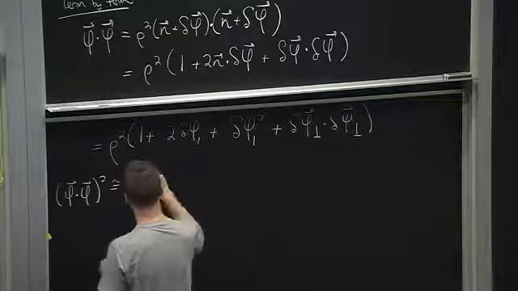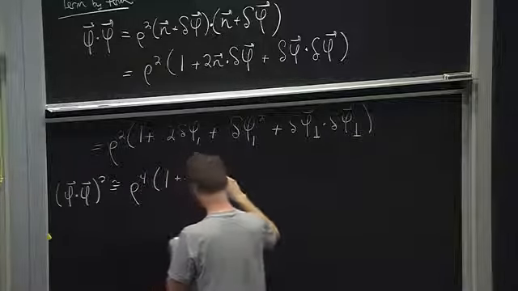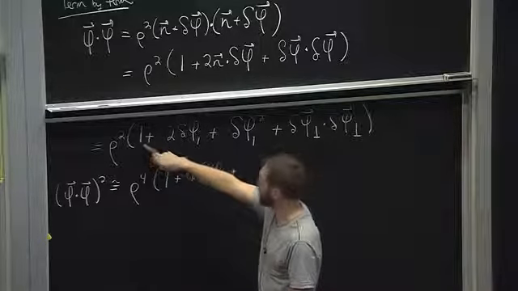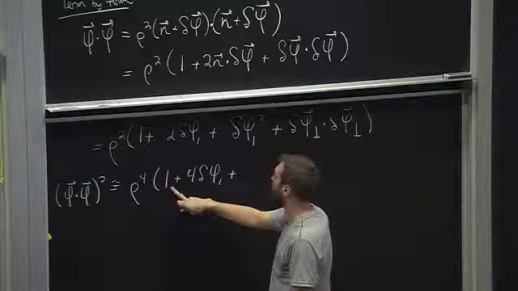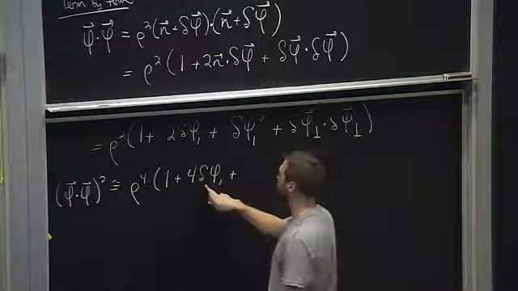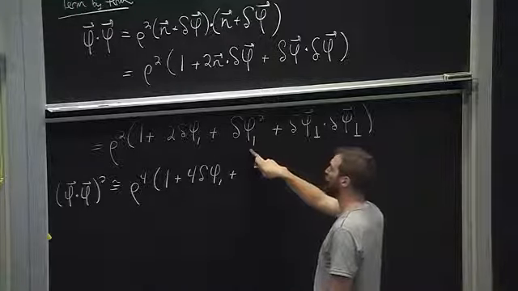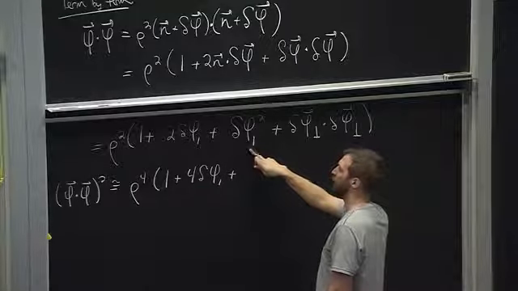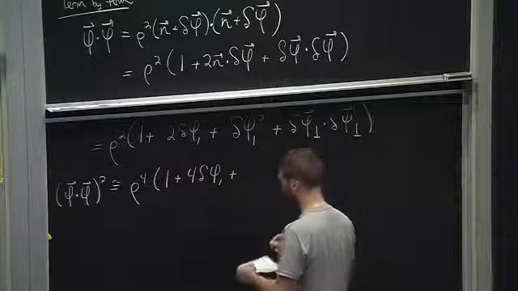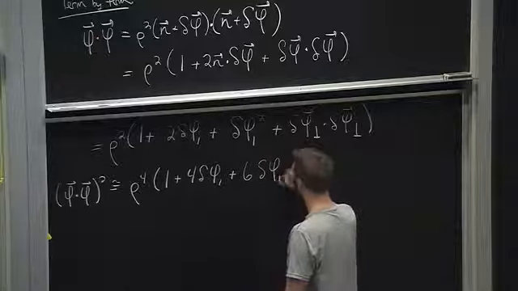So let me just write out what this turns out to be. Actually, you can get it right from here. So you have 1. So you're squaring this thing, right? And then this term times that term. And now the delta phi 1 squares, we get 2 plus 4. So that should be 6. So it's 4 plus 6 delta phi 1 squared.